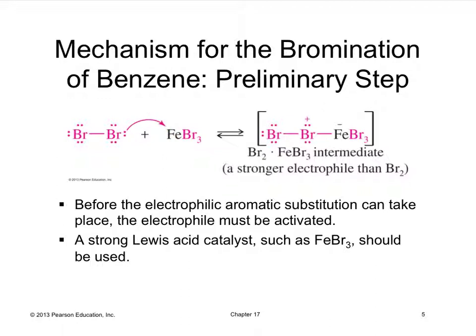This Br will come and form a complex or an intermediate where you generate a slightly positive Br charge and a slightly negative Fe charge. This then becomes a stronger electrophile than Br2. So this is a positively charged strong electrophile. And this FeBr3, which is a Lewis acid catalyst, allows this complex to form, which allows the electrophilic aromatic substitution to happen.